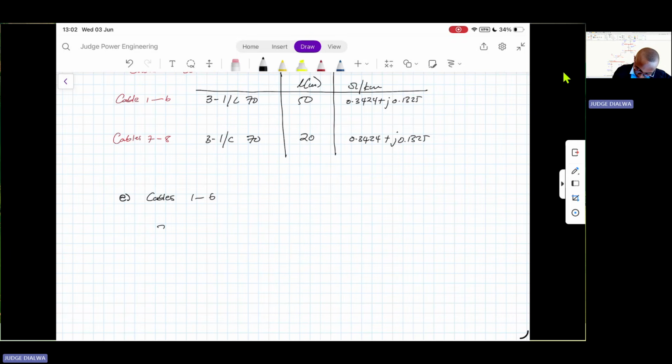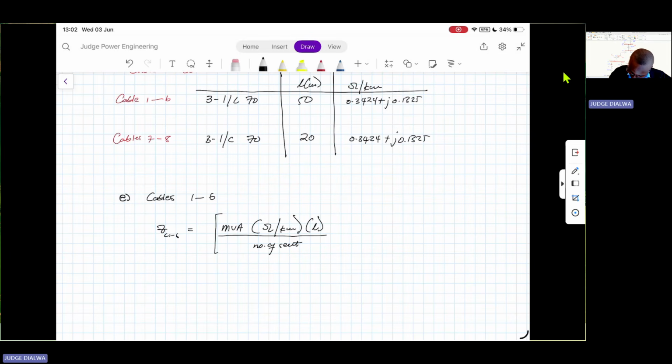The impedance will be given by: we have our new MVA base, multiply that with the ohm per kilometer, multiply by our length, and then all of this will be divided by the number of sets.